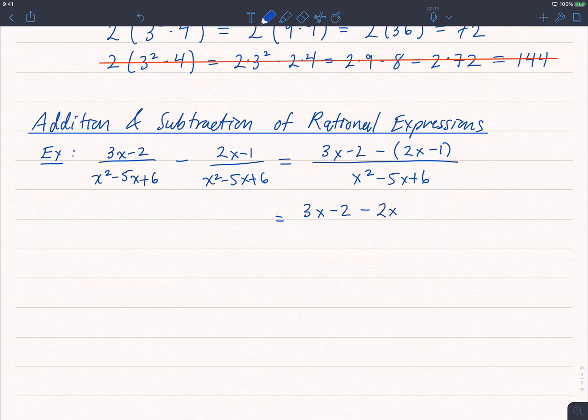So this becomes minus 2x plus 1. And finally, we can simplify the numerator by combining like terms. So we have a 3x and a negative 2x becomes an x. We have a negative 2 plus 1, so negative 1.